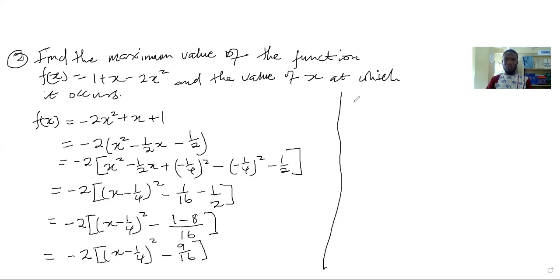So when we open the bracket, that is going to give us negative 2 x minus 1 over 4 all squared, then plus 9 over 8. Remember, that is 9 over 8 because this negative 2 multiplying a negative number, it will now be positive. And also these two will divide the 16 to give us 8.